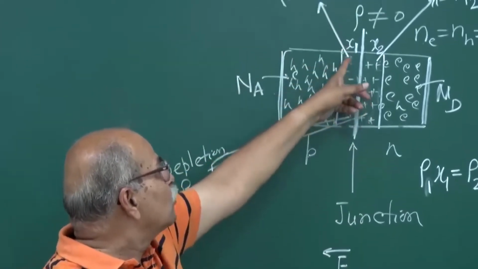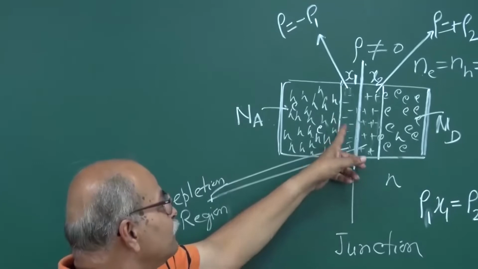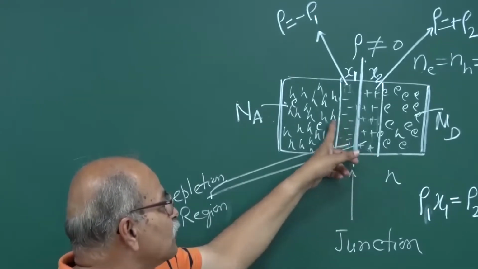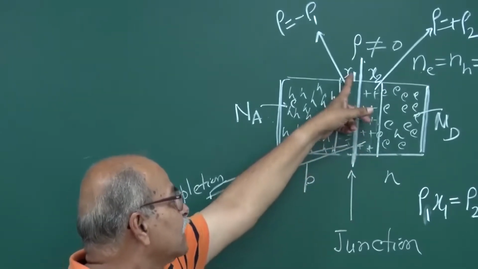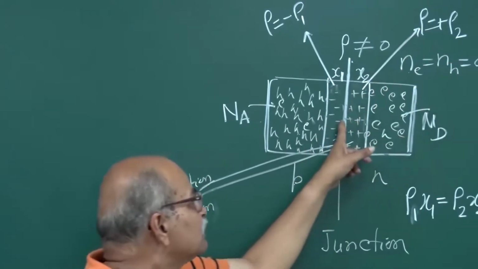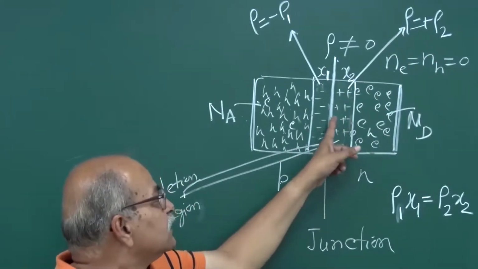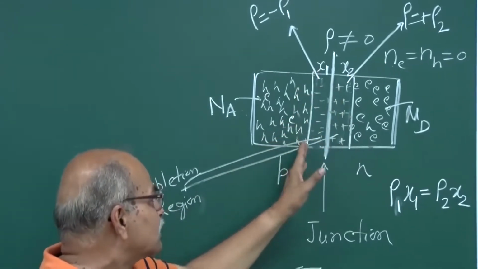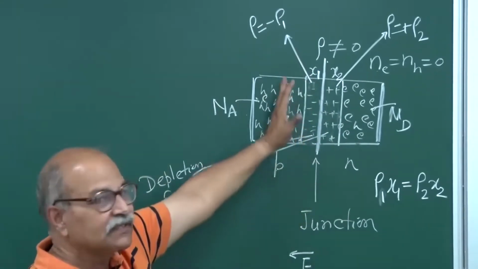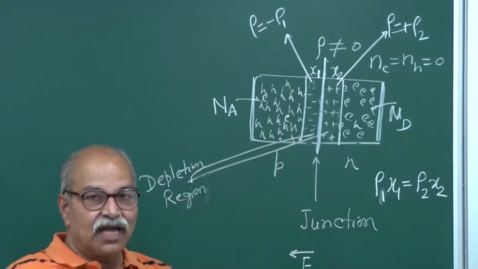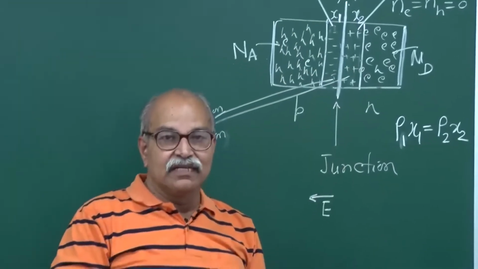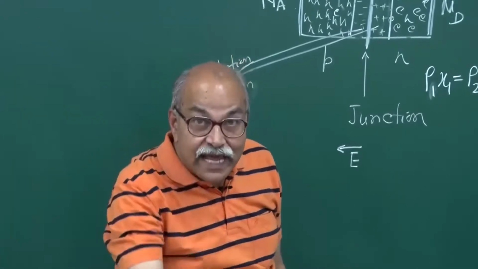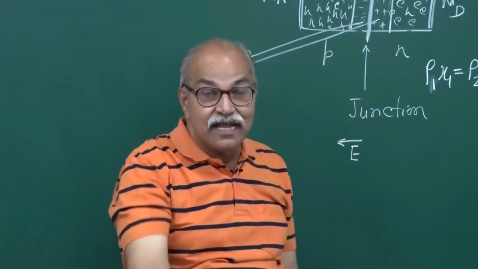So if this is say minus rho 1, and assume that it is uniform in this width x1, and this is plus rho 2, which is uniform in this width x2. And when I am drawing this line, you understand it's a plane. It's a planar area. You have this semiconductor material, and junction is a plane layer.